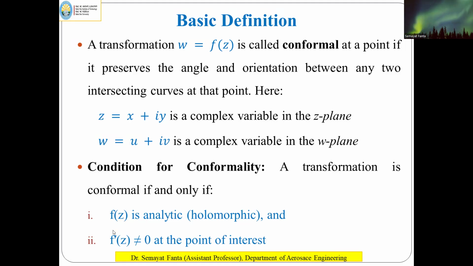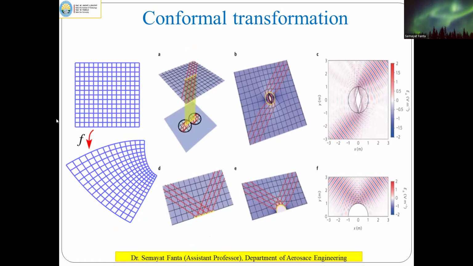When it satisfies this, we call it a conformal transformation. So those are the conditions. These shapes show some kind of conformal transformation over different shapes. For example, if we see this shape, it is changed to this, and the function f changes this shape to this in the w plane. That is f of z.